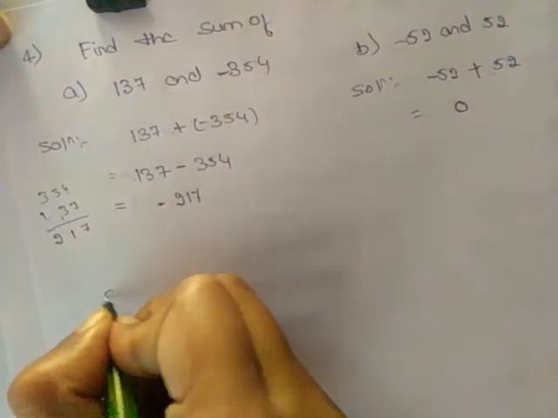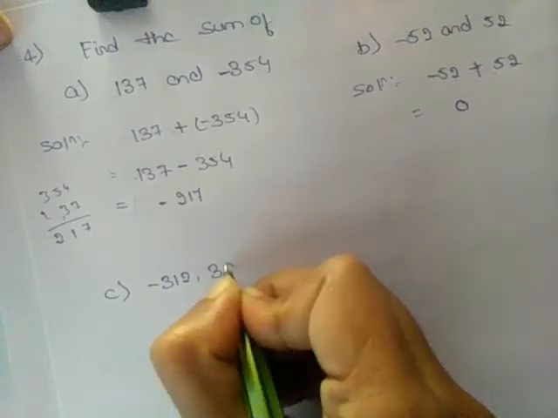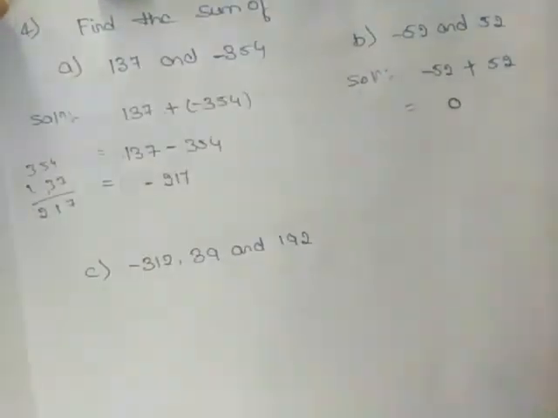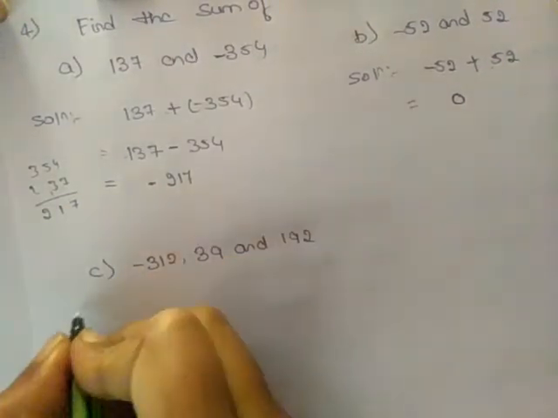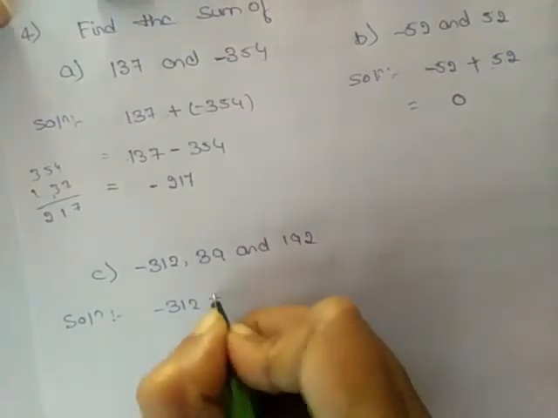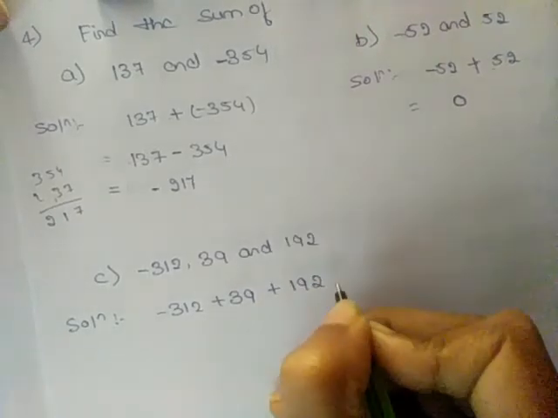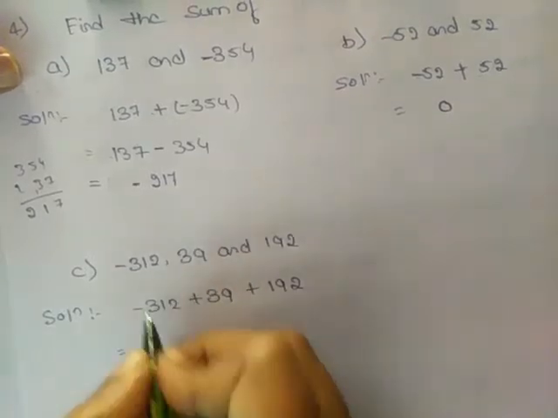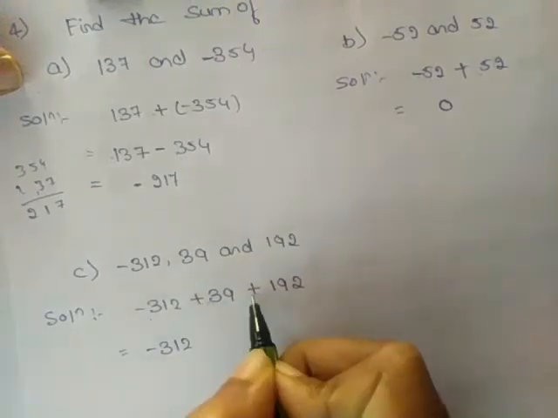Then C1: minus 312, 39 and 192, right? Here they have given 3 integers, we need to add them. Solution: minus 312 plus 39 plus 192. First we'll keep 312 as it is, and add these two because they have the same sign.